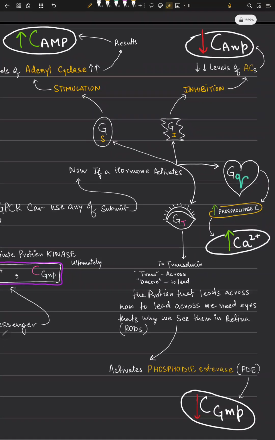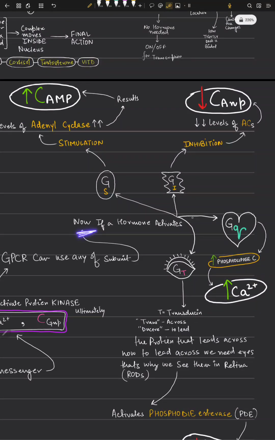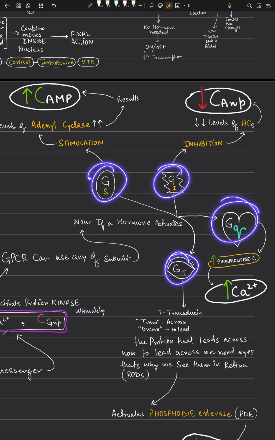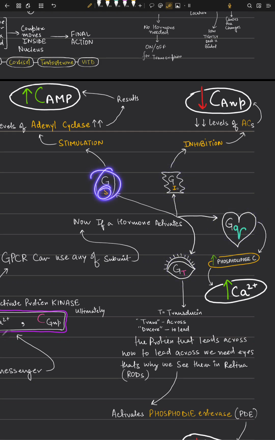If this alpha subunit activates Gs protein, or Gi, or maybe Gq, or maybe Gt: S stands for stimulatory, I stands for inhibitory, Q is for calcium, and T stands for transduction. S, something is stimulated; I, something is stopped.